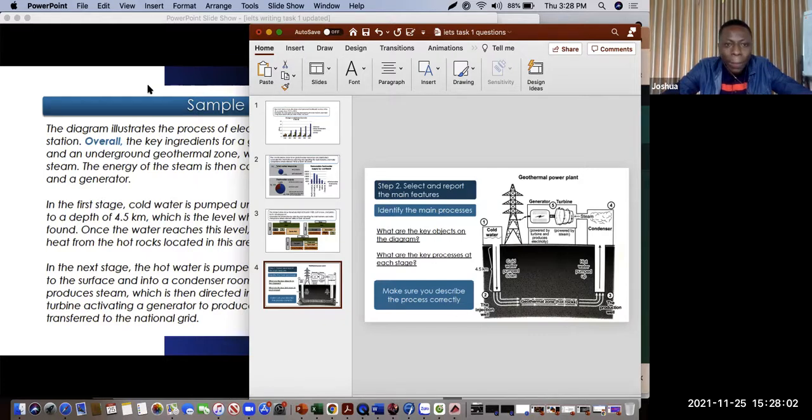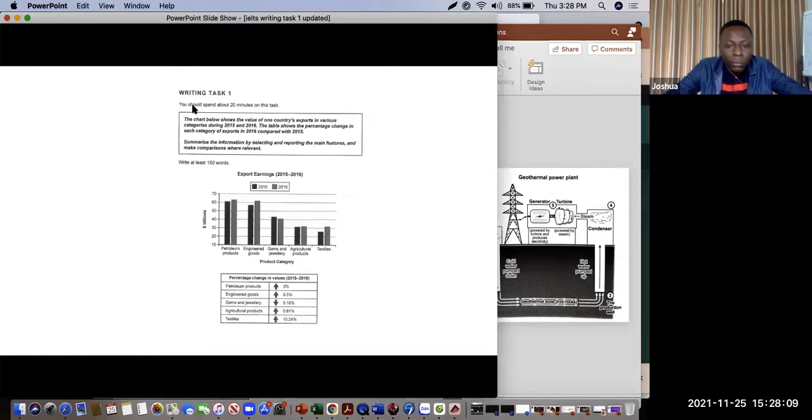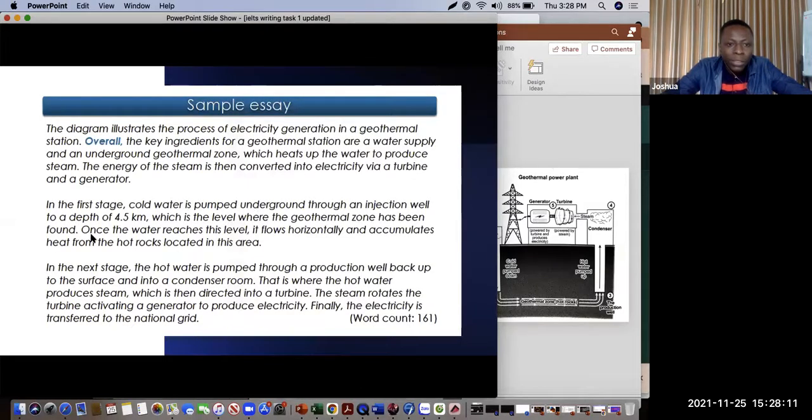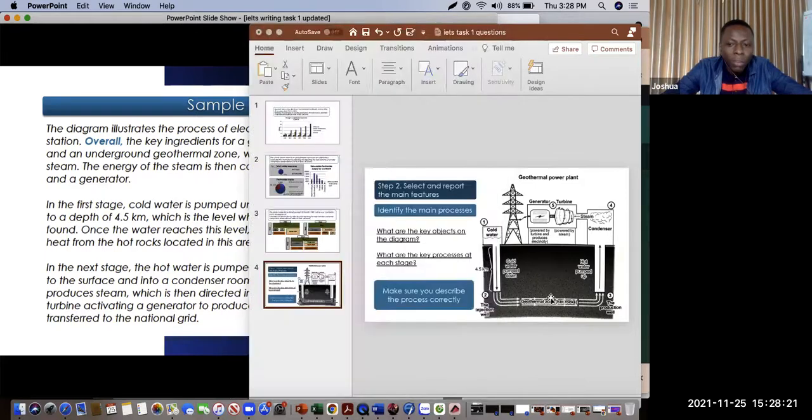So the injection well is pumped through to a depth of 4.5 kilometers, which is the level where the geothermal zone has been found. That is where the geothermal zone is.